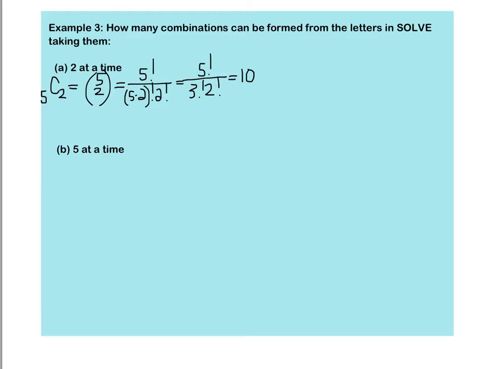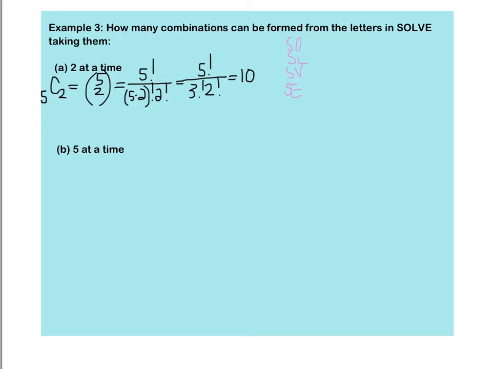Now, let me show you the longhand version of this just one time so that you can see what it is we're actually doing when we're taking a combination. So 2 at a time, if I was to take 2 letters, let's first group S with each letter. So S can be grouped with O, S can be grouped with L, S can be grouped with V, and S can be grouped with E. Now, I'm not going to count those twice.